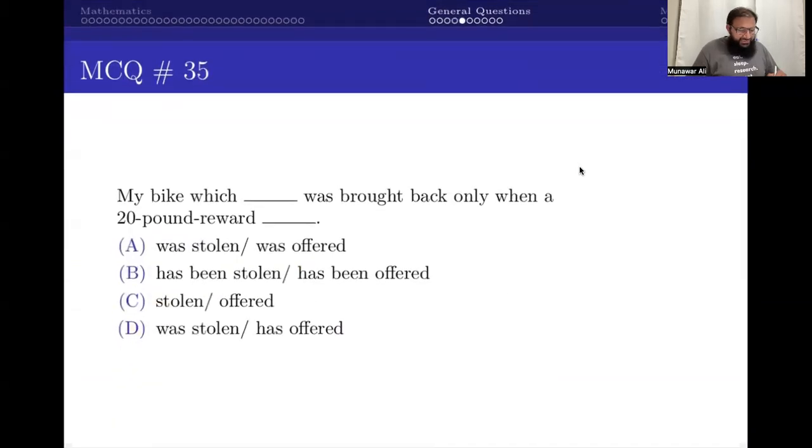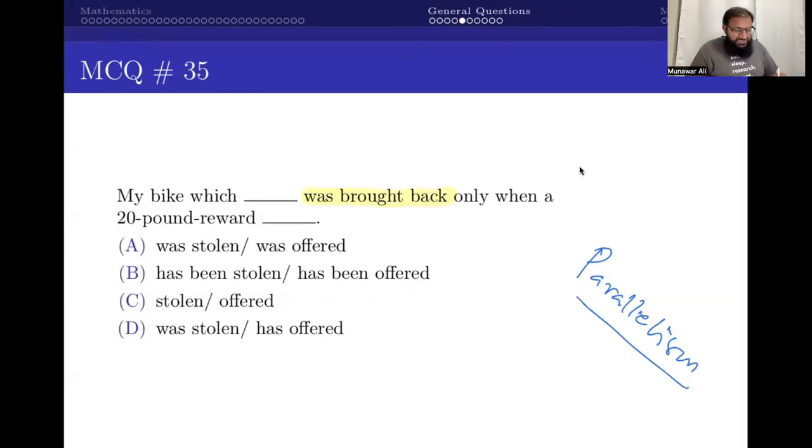So MCQ number 35 is very simple. I think we have applied some sort of concept in English that is called parallelism. So one thing is that my bike, which dash was brought back. This is past. So I think it should be my bike, which was stolen.